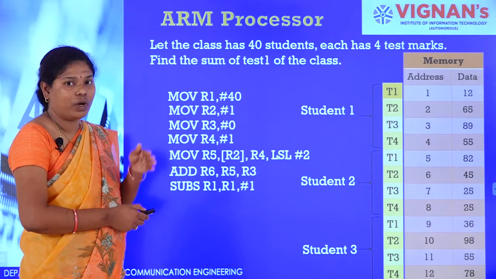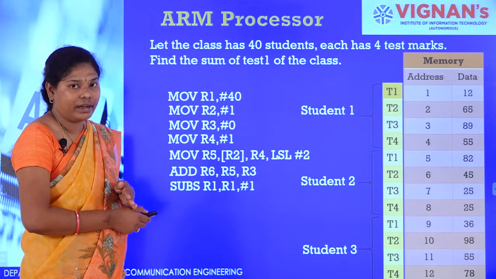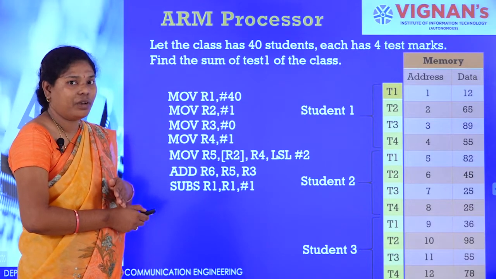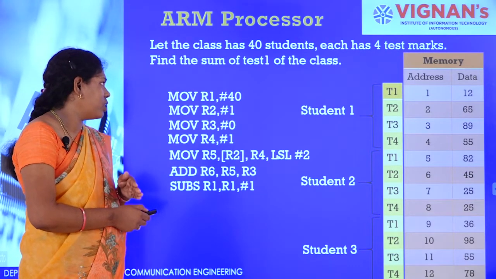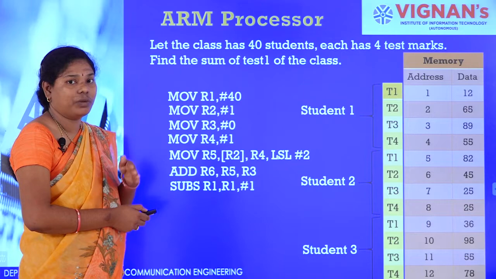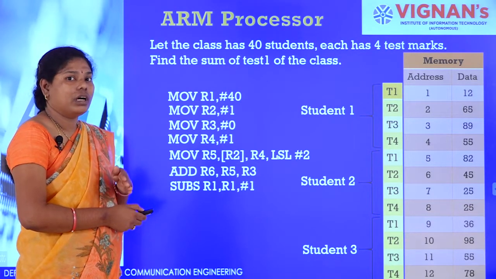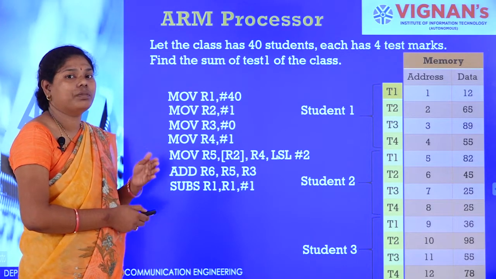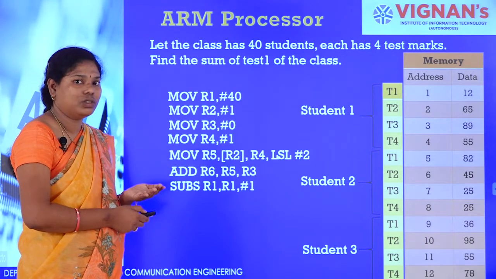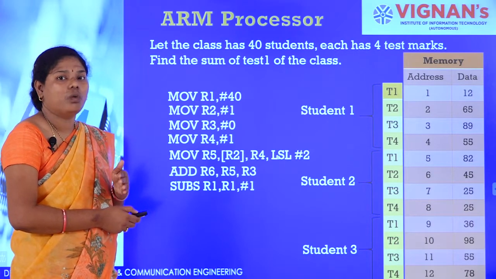Once the operation is completed, one data has been added, so it has to be decremented by 1. R1 is the count of how many add operations it has to perform, 40. Already one test mark is added, so it has to be subtracted by 1.